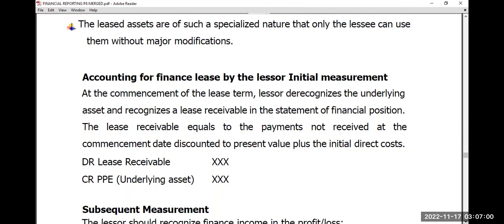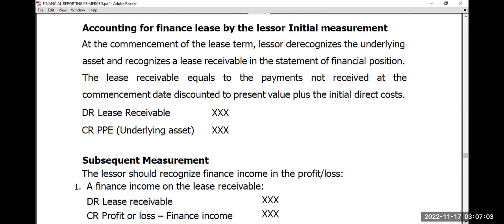But let's look at some of the criteria that we are going to follow when we are accounting for these financial leases. Remember, we said in the books of the lessor, these leases are separated into finance and operating. So we are now looking at how we are going to account for finance leases in the books of the lessor.